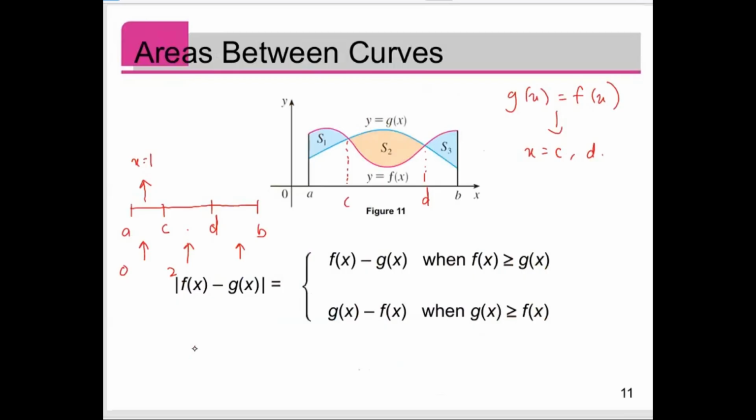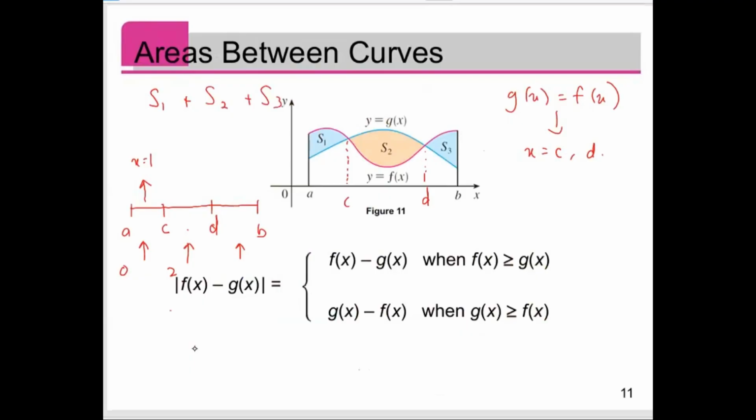And then in computing, even though you have this piecewise function, technically what you are doing is you find the first area, that is from here to here, you find the second area, you find the third area. So in this case, fx is greater than gx, and for S2 here, gx is greater than fx.